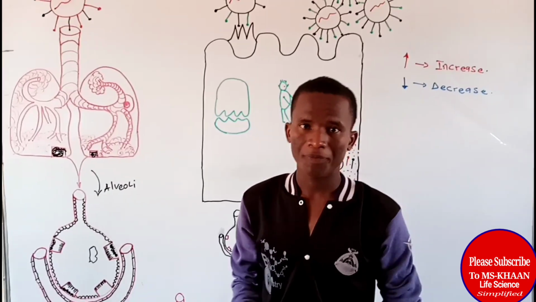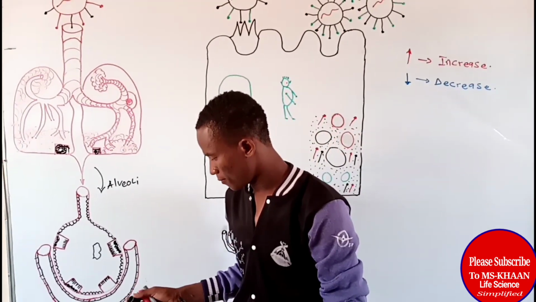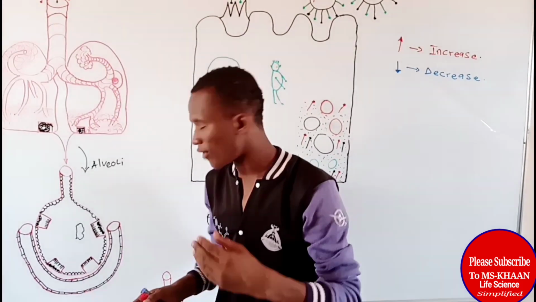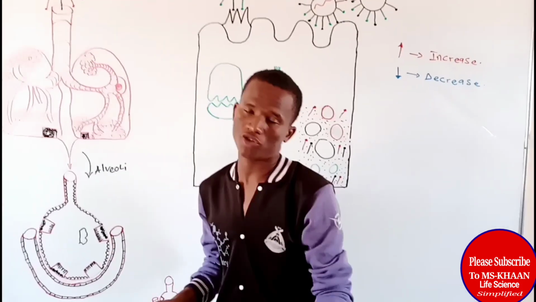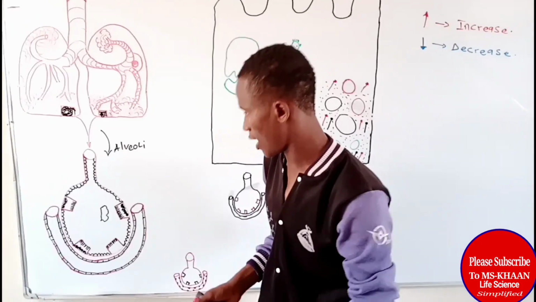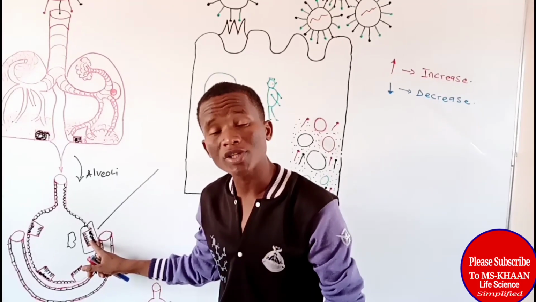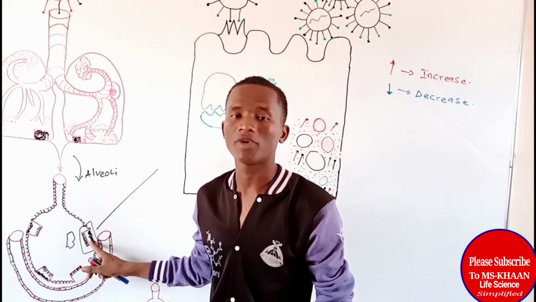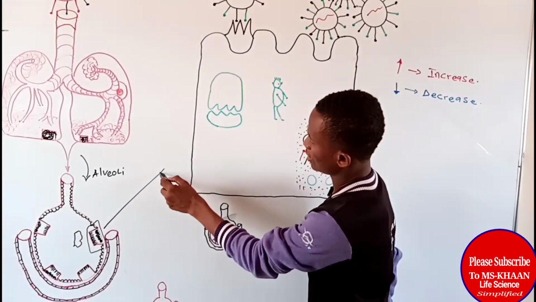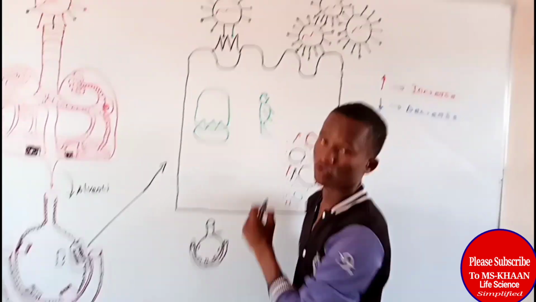Within this alveoli, the virus is affecting the type 2 pneumocyte. That one you remember, I told you that. For proper understanding of how the virus binds this type 2 pneumocyte and how it performs its replication, I will take this as my type 2 pneumocyte.